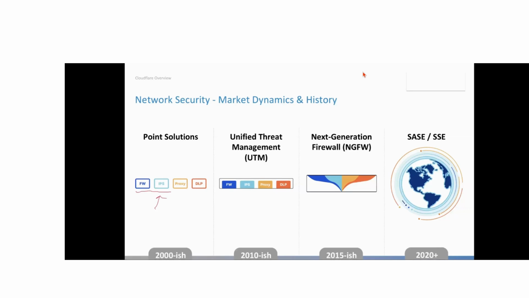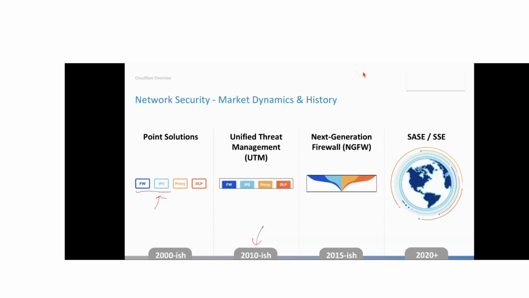But what this is showing is that these are all separate appliances. We provided a lot of security, but we would just add appliance on top of appliance on top of appliance. Then they came out with UTM, or Unified Threat Management, and they combined all these into a single appliance, around 2010. But it didn't do zero trust, and it didn't do least access, and there are so many things it couldn't do. Why? Again, look at the year.